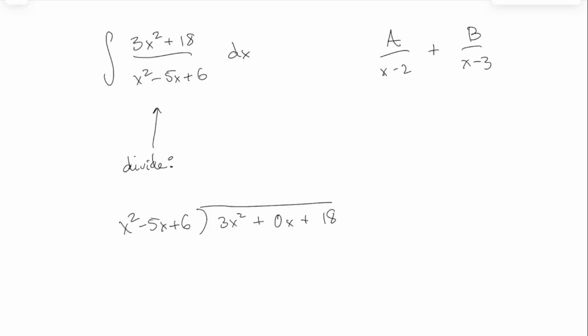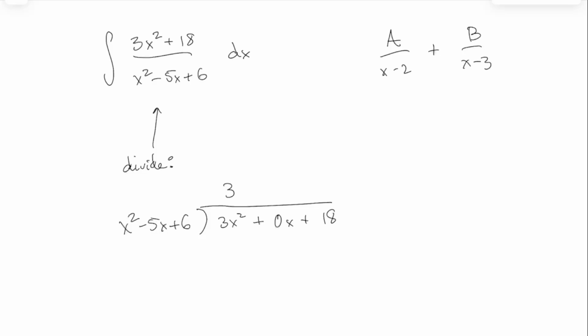So what you should do, you think of these various terms here as if they were the digits of a big number, and you should look at the leftmost digit here and the leftmost digit here, and you divide them, which is to say you figure out what's the number which you should multiply this by to equal that. And in this case, it would be 3 to make them match up. So I put a 3 up here.